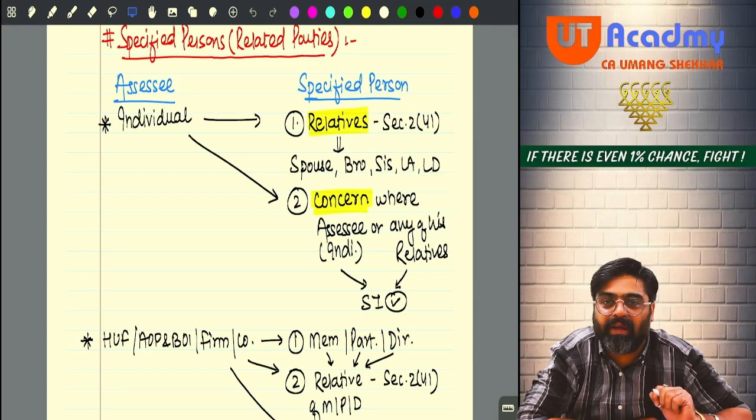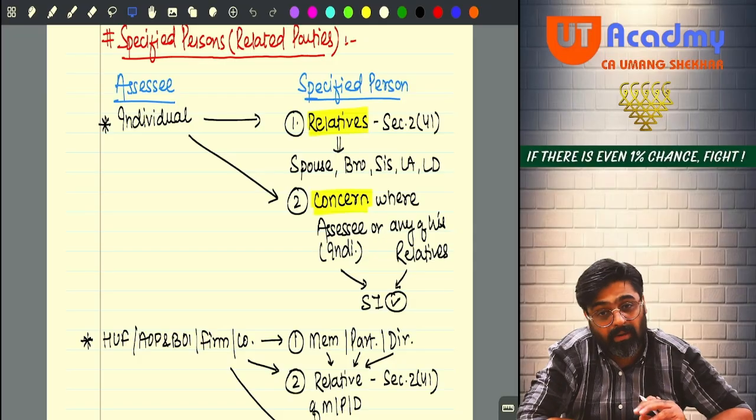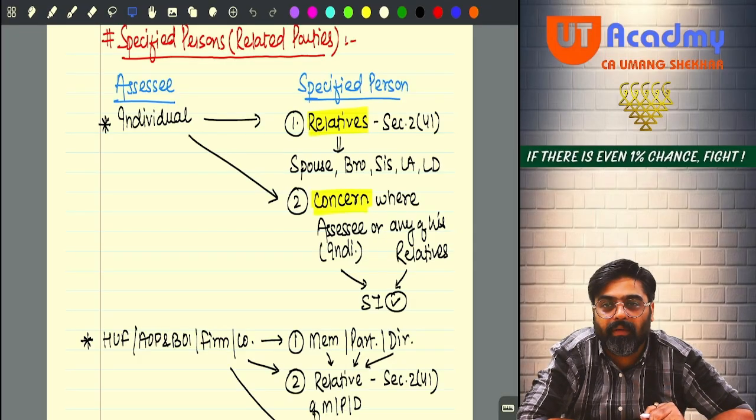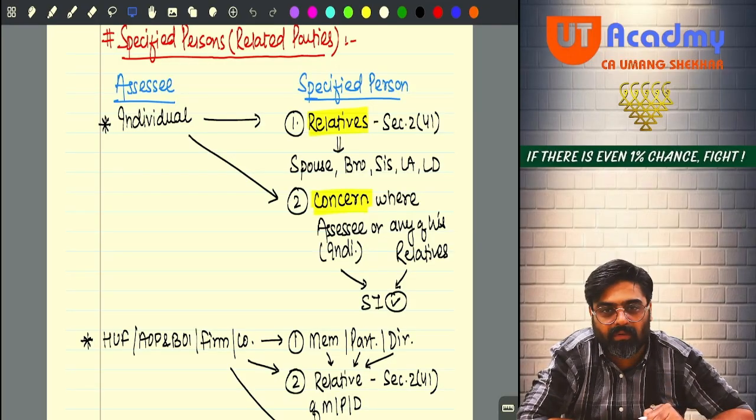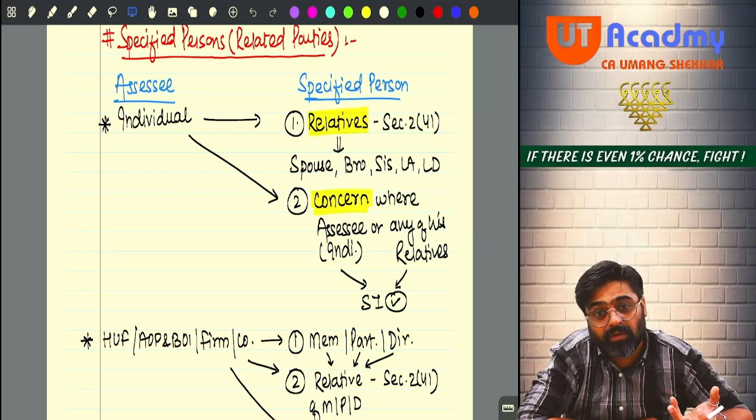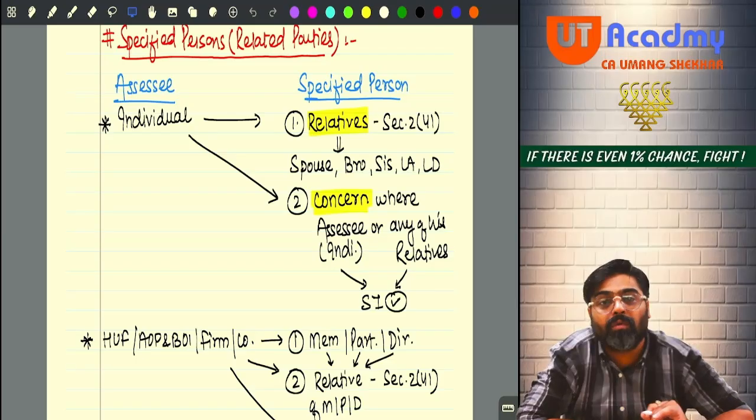Relatives are specified persons. But which relative they have not specified. Because my uncle is also my relative. My cousin is also my relative. My aunt is also my relative. So which relatives for 40A2? They have not prescribed anything under 40A2.